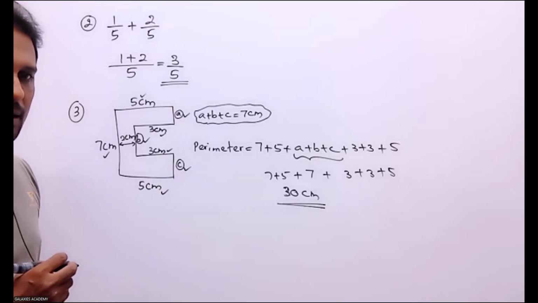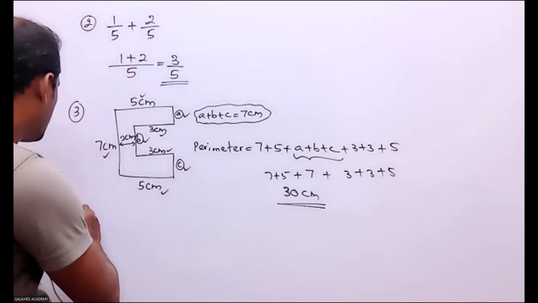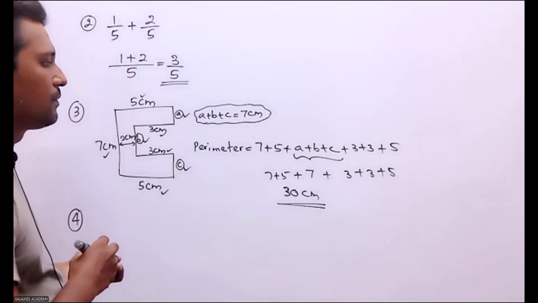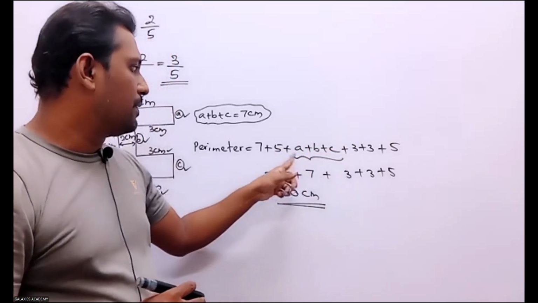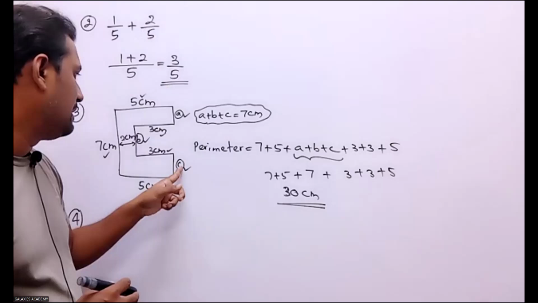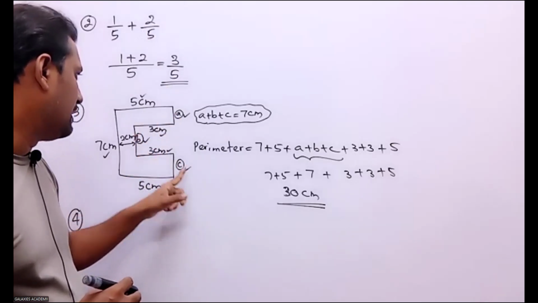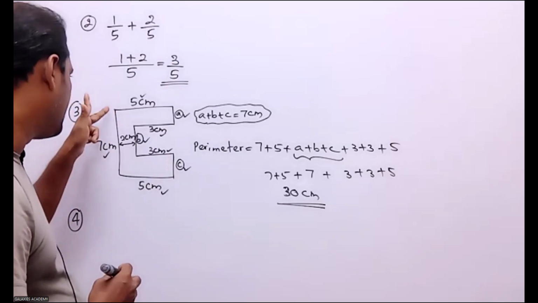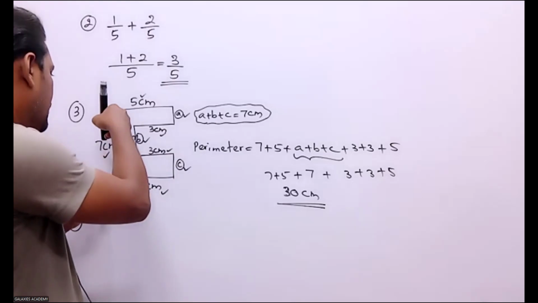It is the third question answer of this paper. I think you can understand this part, no? I named them A, B, C. There are three unknowns. A plus B plus C should be equal to this length because these three vertical lengths are equal to here.